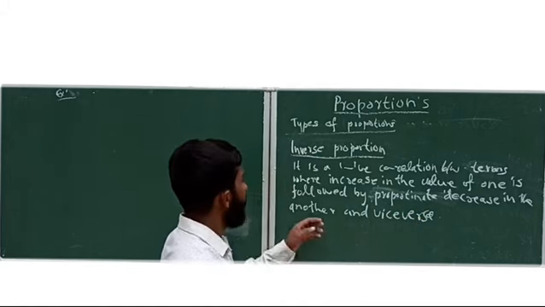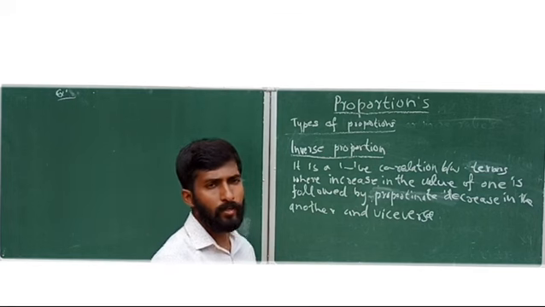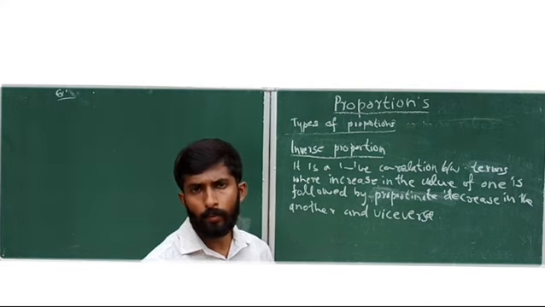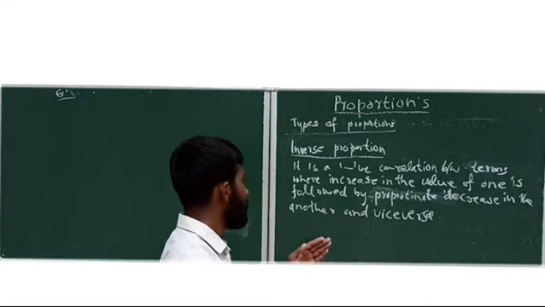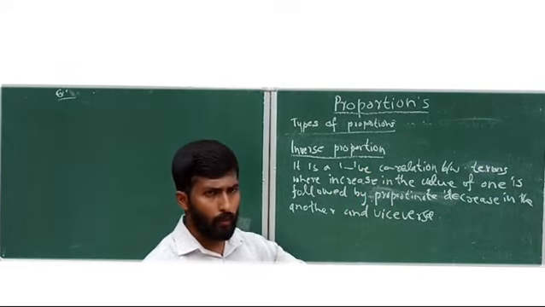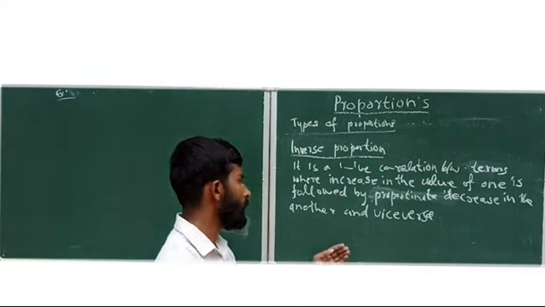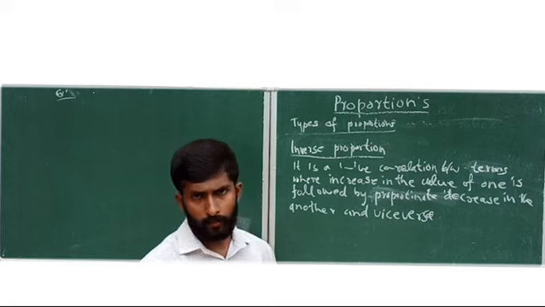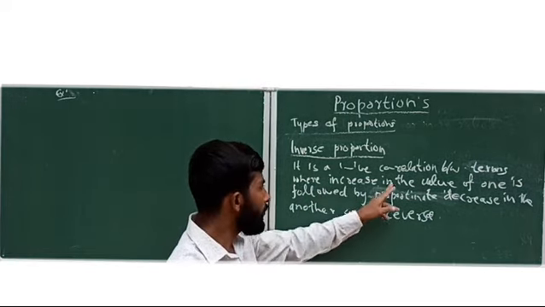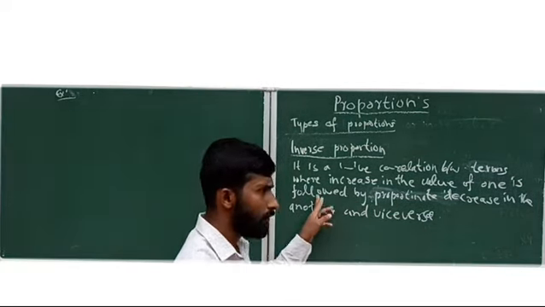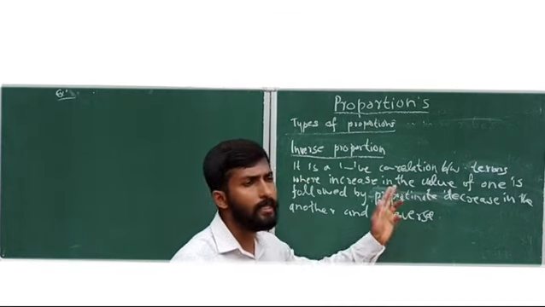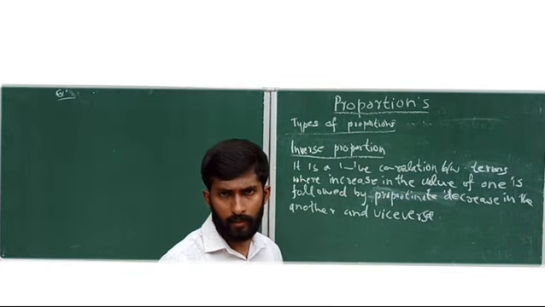Okay, see, it is a negative correlation between the terms of the given proportion, such that an increase in the value of one is followed by a decrease in the other value. If there is a decrease in the value of one, then there is an increase in the value of the other quantity.